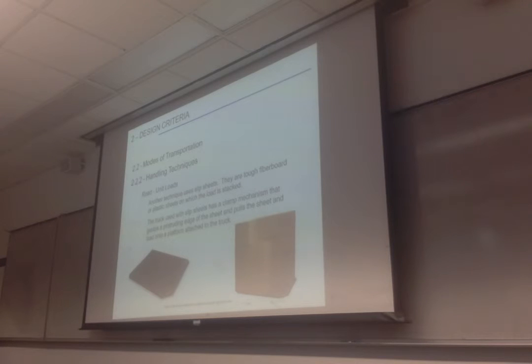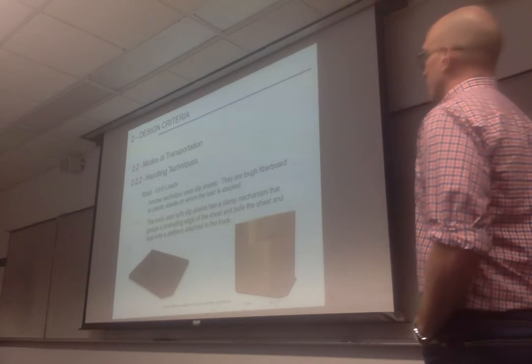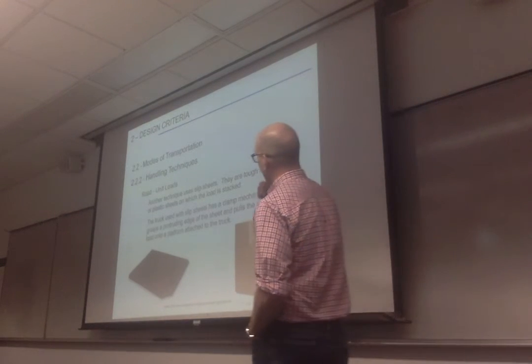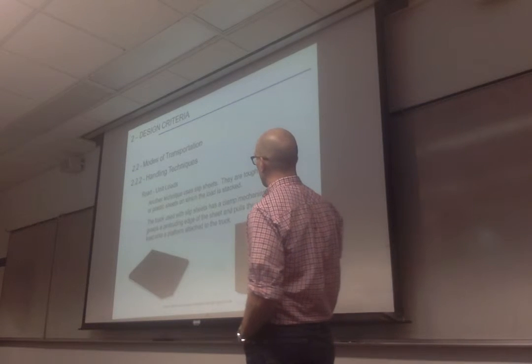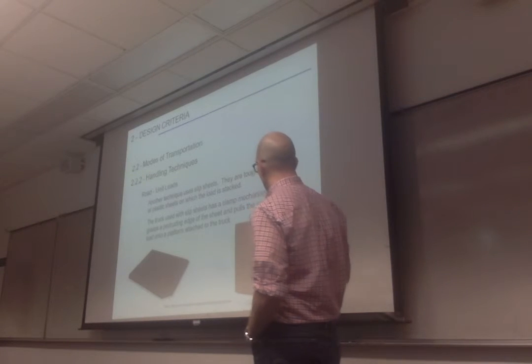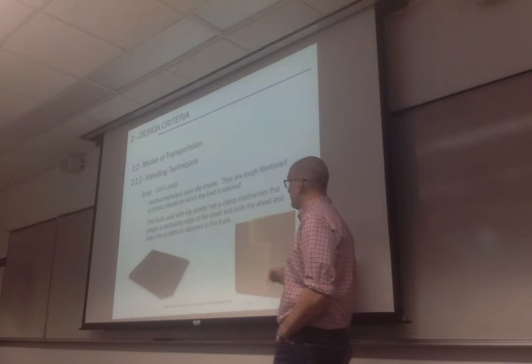An alternative to pallets is what's called slip sheets. Slip sheets are just sheets. They can be made of really tough fiberboard paper or plastic sheets, and you have the load directly loaded on these sheets.